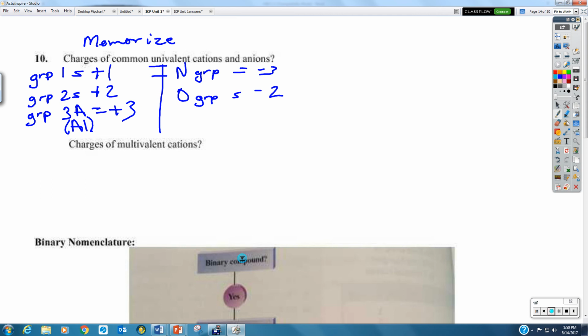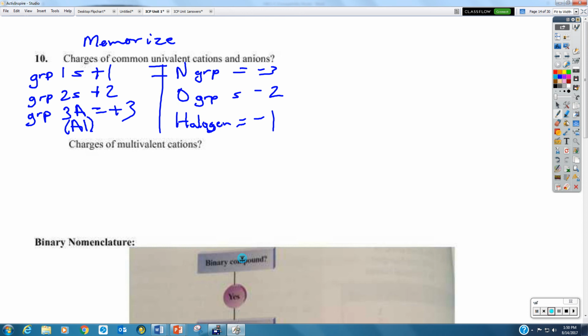Minus 2. Sorry for my handwriting. And the normal charge of the halogens. Minus 1. All right, noble gases do not form ions, and if they ever do bond, they form covalent bonds. So they're not part of this.